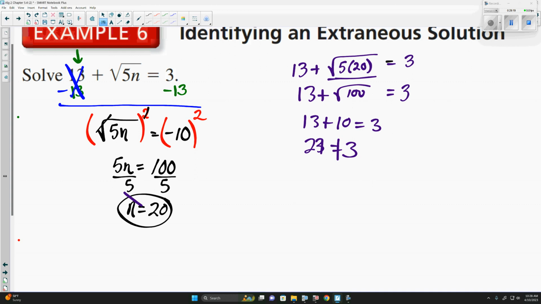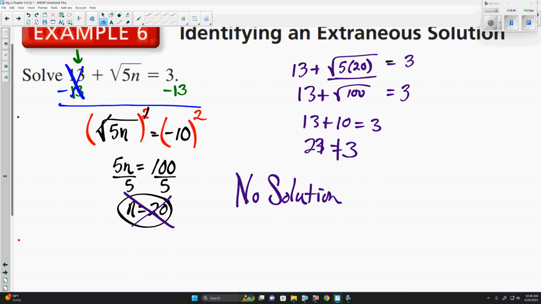So n equals 20 doesn't work. Do we have any other solutions to check? So this here is a no solution, because anytime we check all of the solutions and none of them work, we have a no solution.